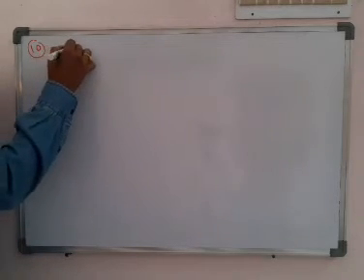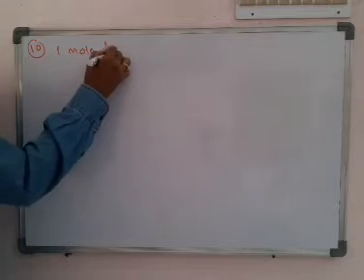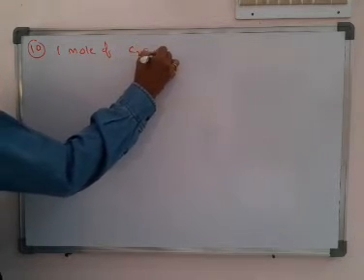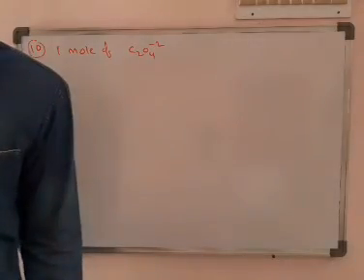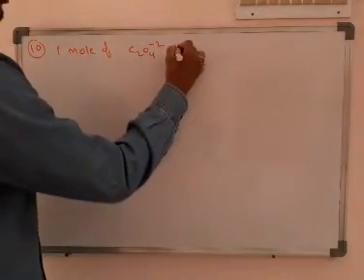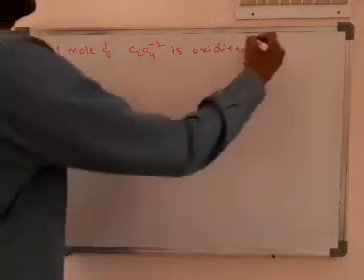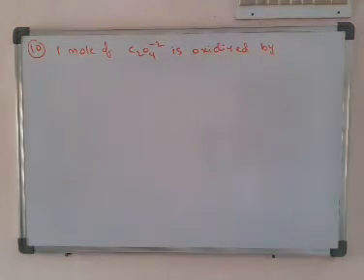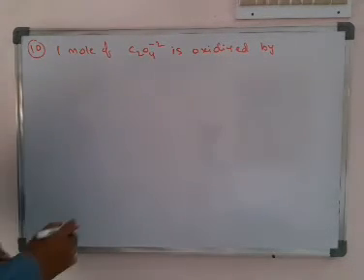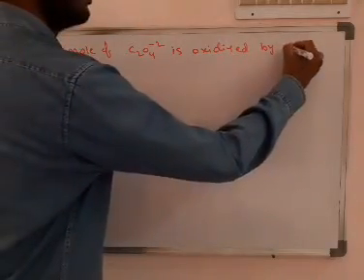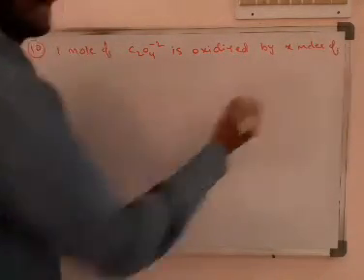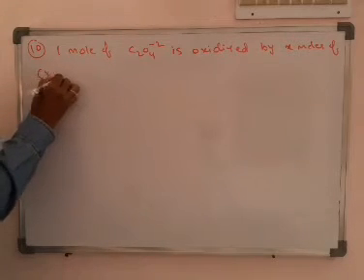Let's see the next one. So 1 mole of oxalate C2O4 minus 2 is oxidized by X moles of Cr2O7 minus 2.